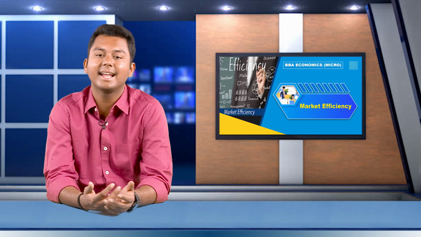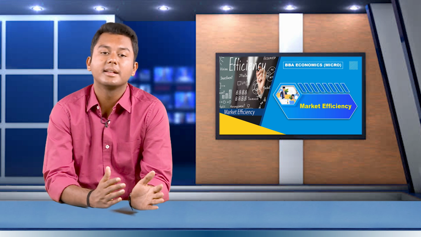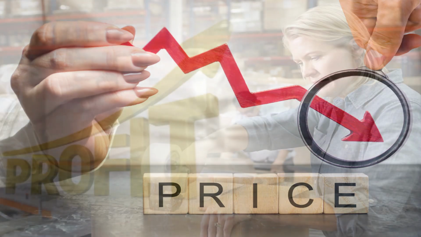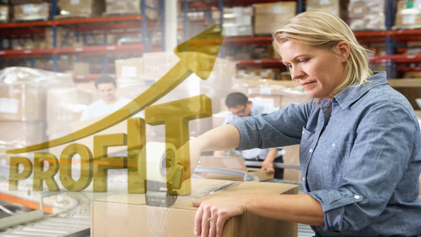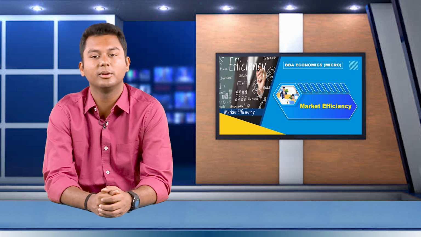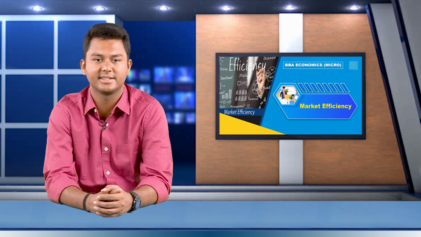Next is the impact of market efficiency on surplus. Efficient markets enhance both consumer and producer surplus by the following. They ensure fair and competitive pricing, benefiting consumers with lower prices and producers with reasonable profits. Facilitating optimal resource allocation, directing resources to where they are most valued and maximizing overall welfare, is one of the aspects of market efficiency.